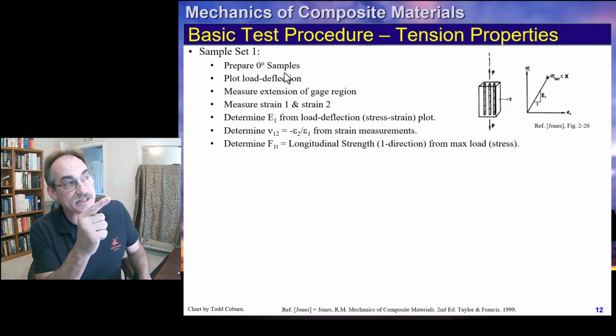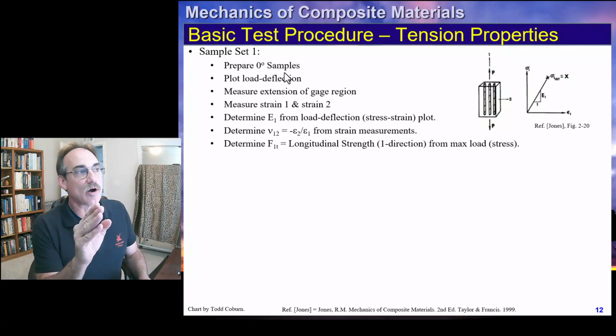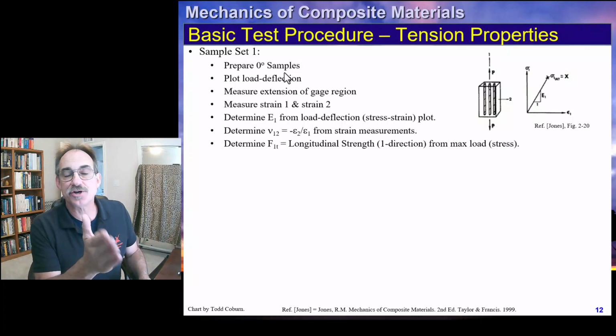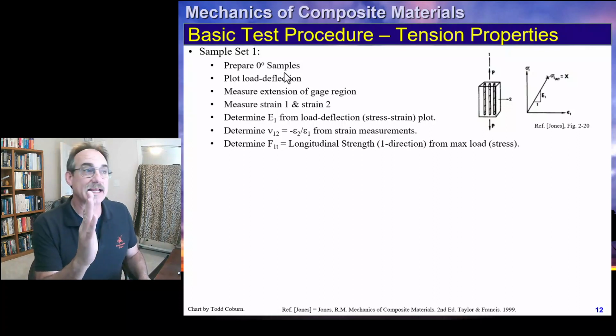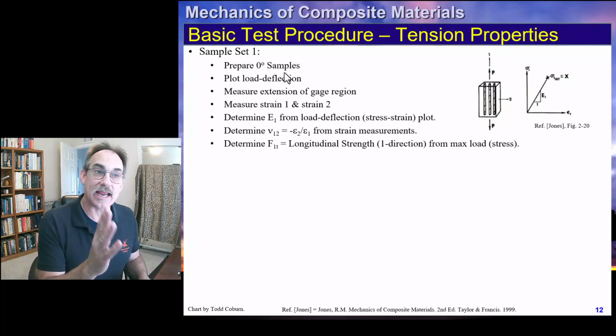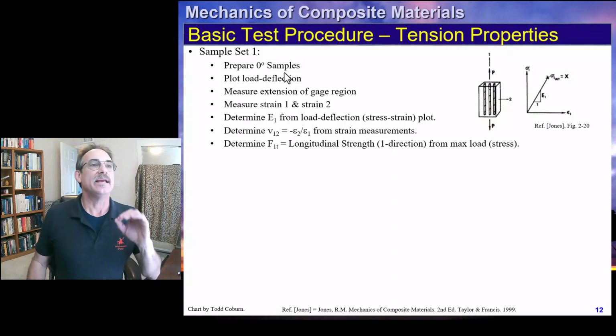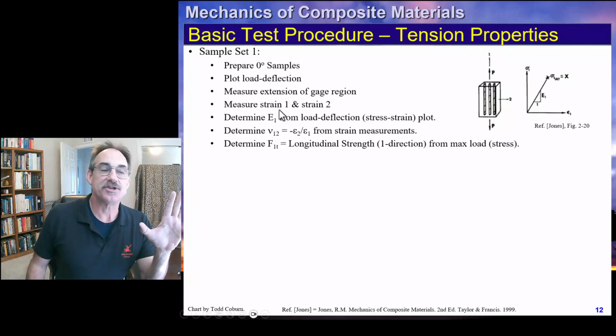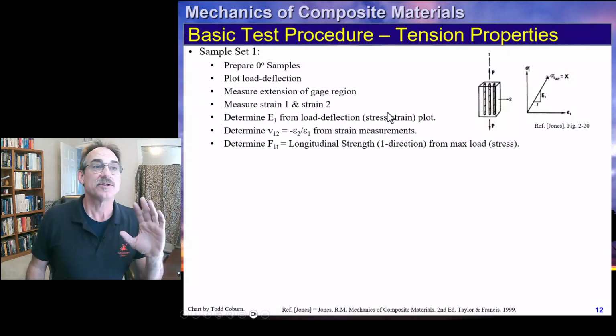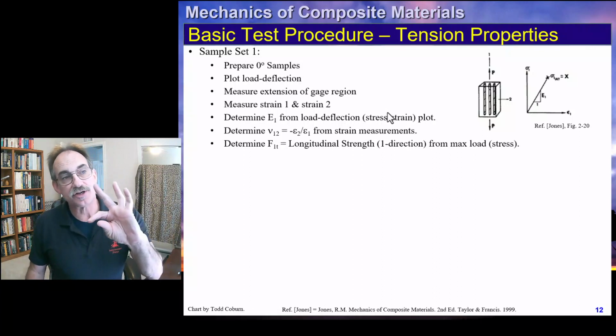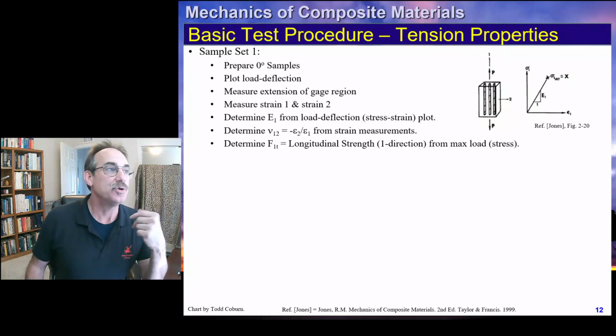We're going to take our 0 degree samples, load them in our machine, and measure both the loading so we can calculate stress, and the strain. Ideally we'll have a strain gauge in there, and we can measure the strain in both directions, in the 1 direction, the 2 direction, so we can get Poisson's ratio effects. So we're going to need a strain gauge in the longitudinal direction, and a strain gauge in the 2 direction.